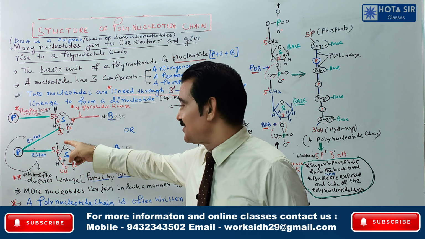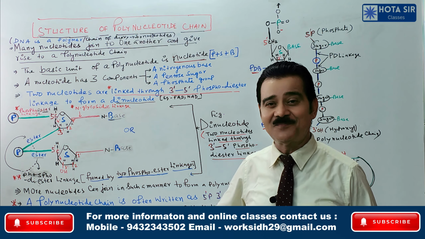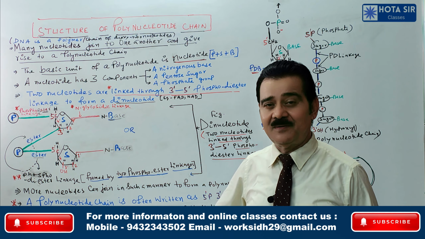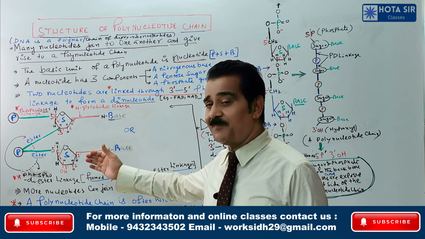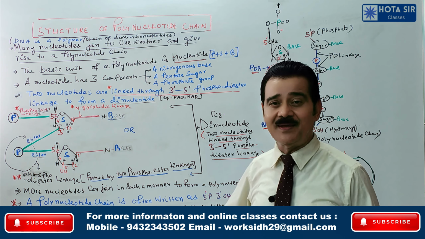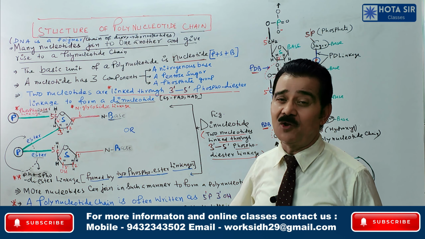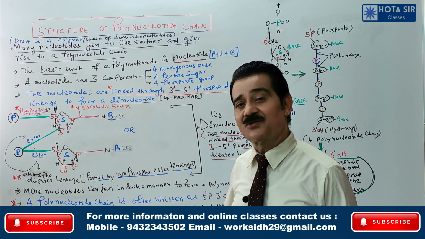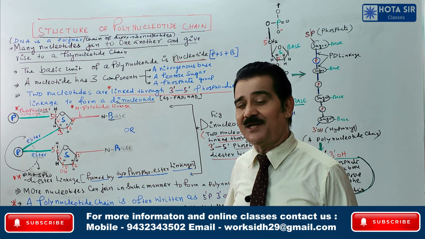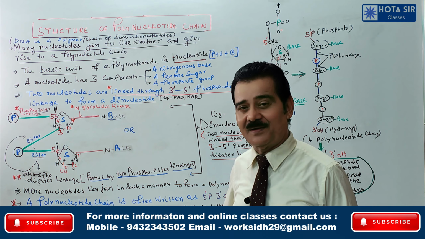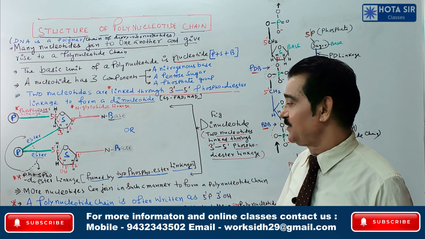Two ester bonds, ester, phosphodiester. Clear? Now this phosphodiester bond is forming here in this way. More nucleotides join or link, forming a long chain that is called your polynucleotide chain of DNA. Clear, my dear children? Do you understand?